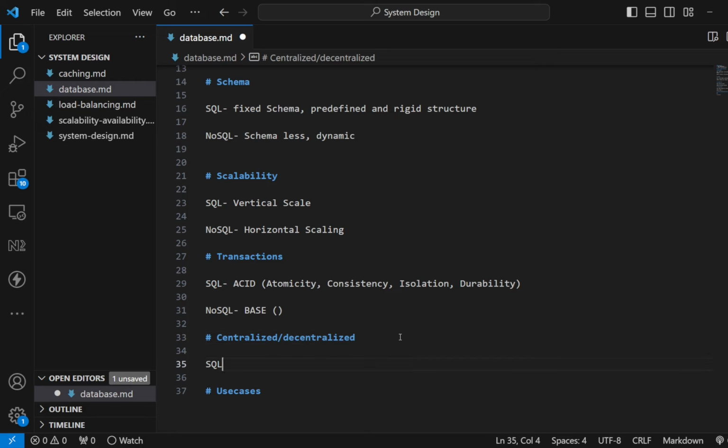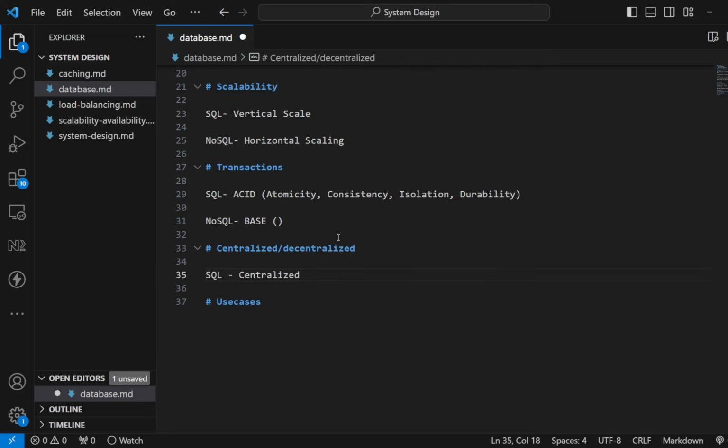So here SQL is centralized in nature. So what does centralized mean? Here data is stored and managed in a single server. And to handle large traffic, we can scale vertically by adding more resources such as CPU or memory to a single server. And this centralization ensures high consistency.